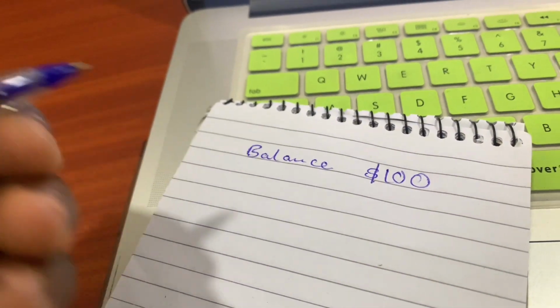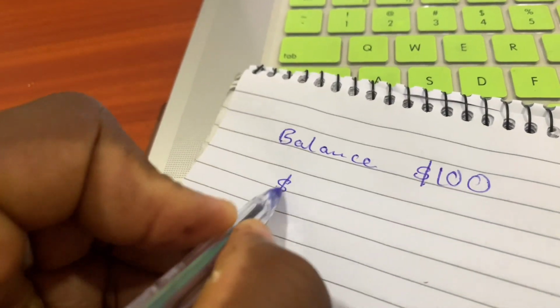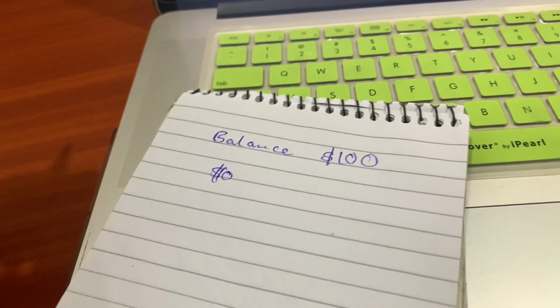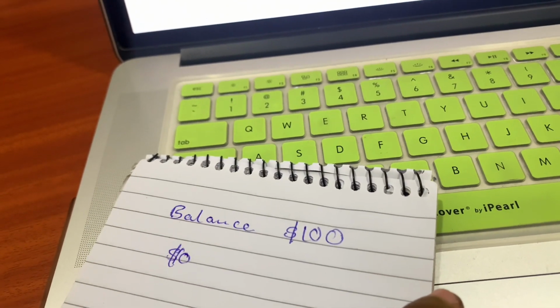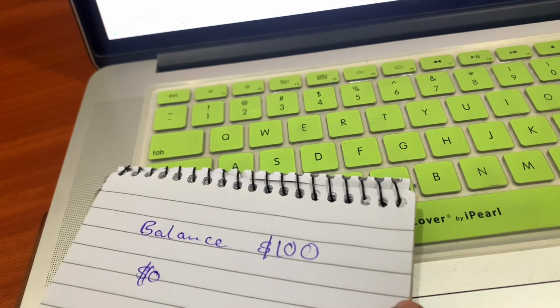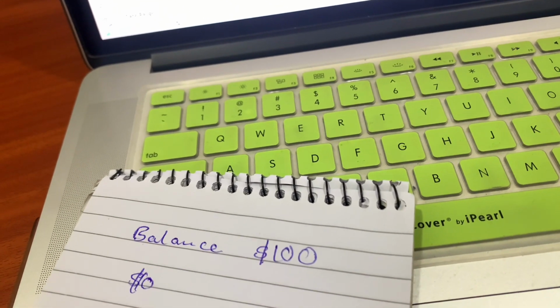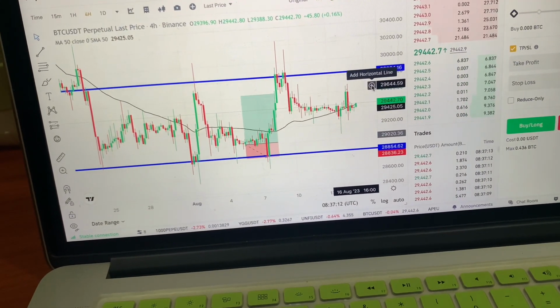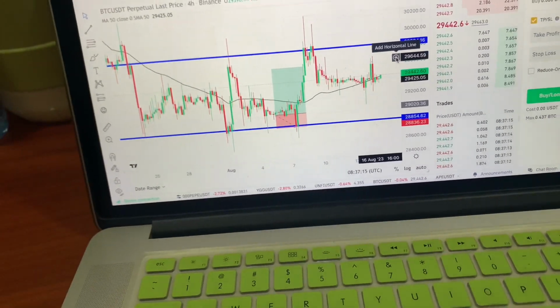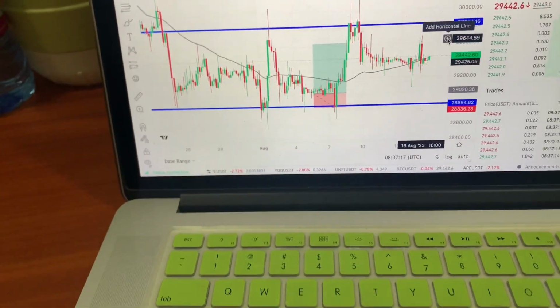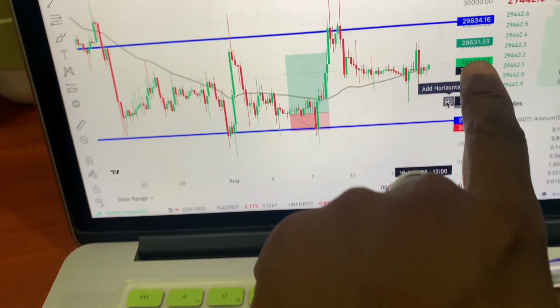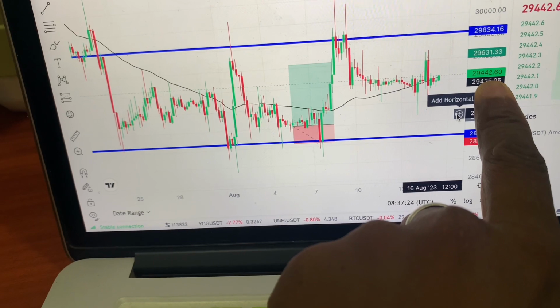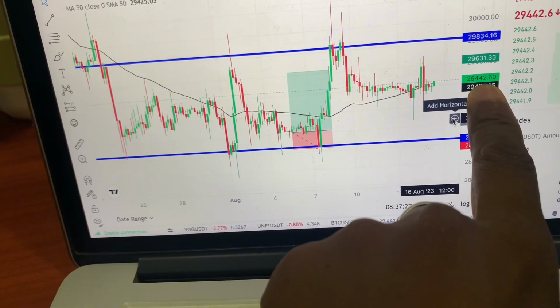Okay, so what we need to do, I'm just going to calculate it. So the cost that we are going to use will be $10. Let's say we are trading this morning. I think BTC might rise to the next resistance level, that is about $29,670, or $29,600. So we can enter a long position on BTC USDT with our entry price being around this particular place, $29,442.